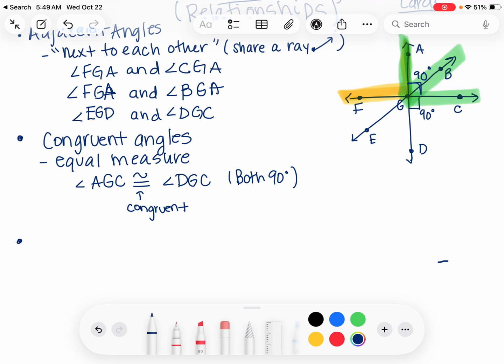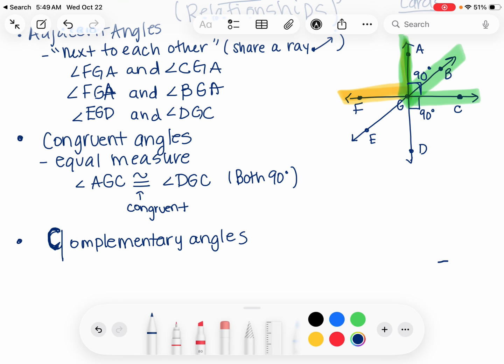Next, we're going to go to what are called complementary angles, and I'm going to write them a specific way. Complementary angles. And I like to go ahead and use this as the little curve for the number 9.